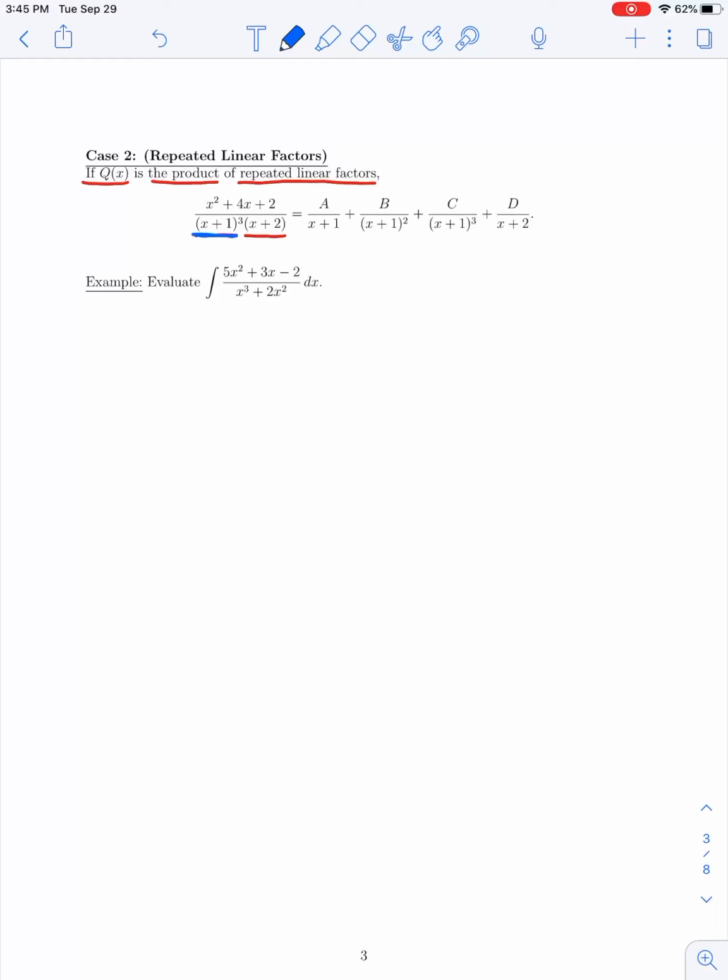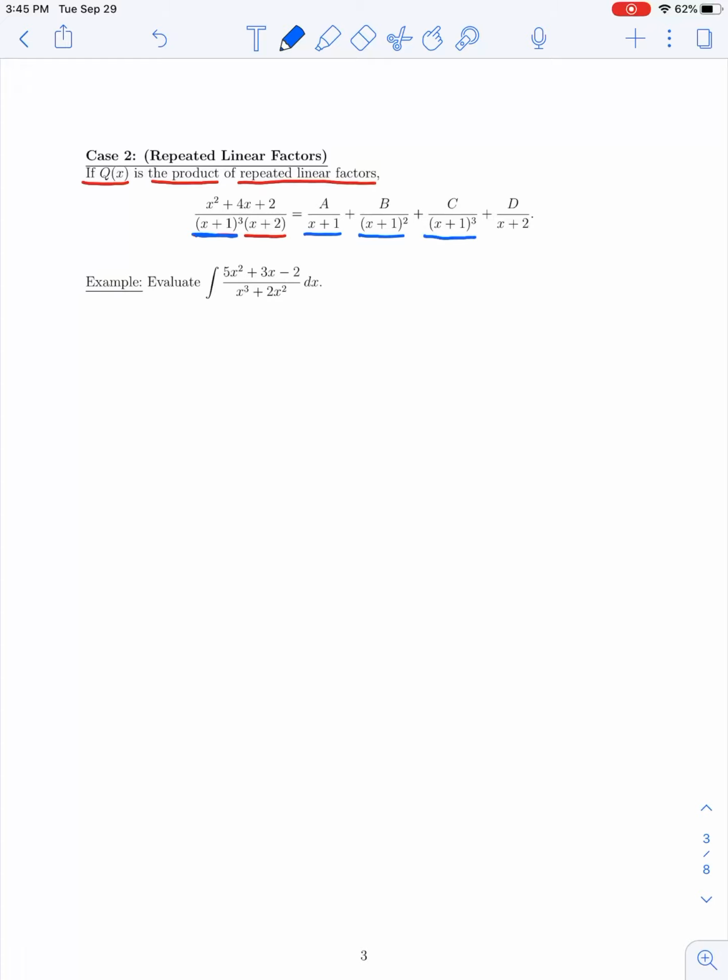So in this case, where our denominator involves some linear factor which is repeated, our partial fraction decomposition will take the following form. Here we would have something of the form a over x plus 1, plus b over x plus 1 squared, plus c over x plus 1 cubed.